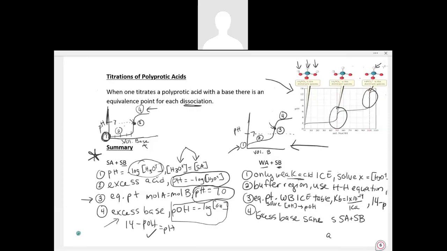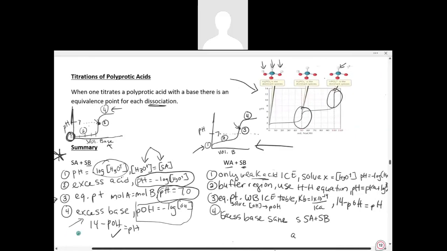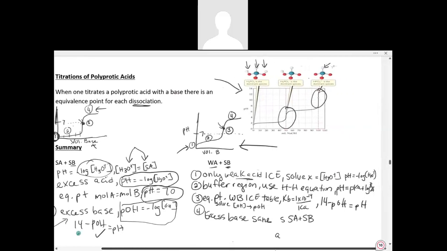We solve for our hydronium ion concentration by solving for x in our ICE table, and then we plug that into the negative log to solve for pH. That's our step 1 here. You have to do the ICE table first and then plug into the same equation as with the strong acid, strong base. Then in region 2, we start adding some base, our titrant here.